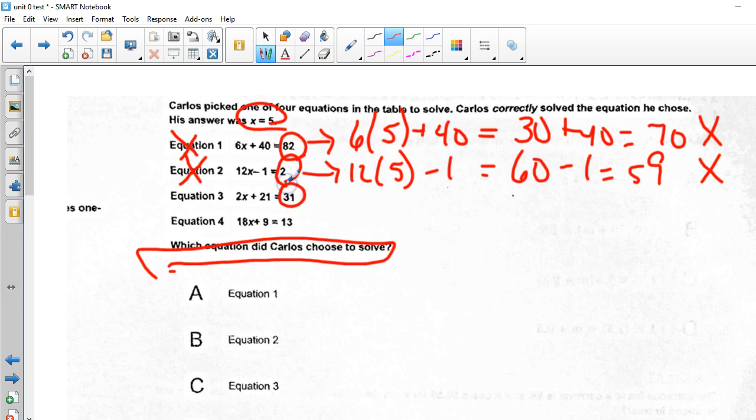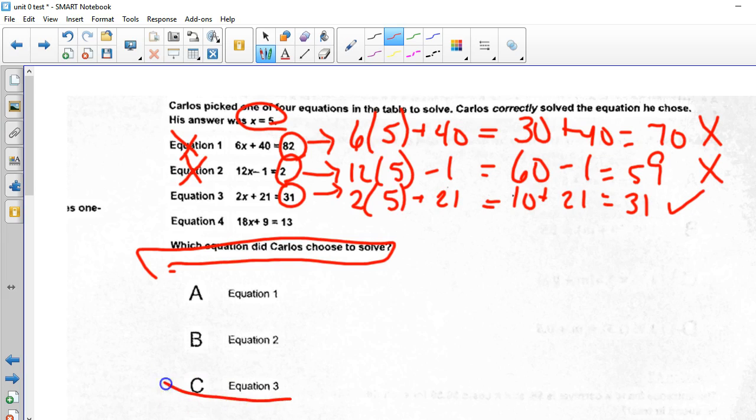So now I'm looking to see, does 2 times 5 plus 21 equal 31? Well, 10 plus 21, yeah, that equals 31. This one works. And so equation 3, or letter C, is our answer choice. Now I'll go ahead and do equation 4, but we already found the answer.